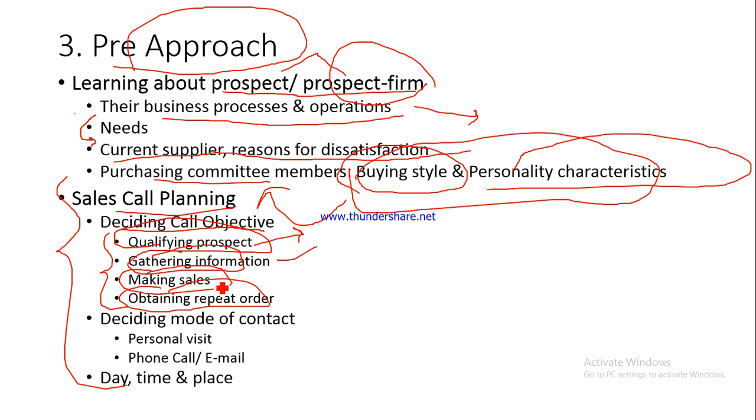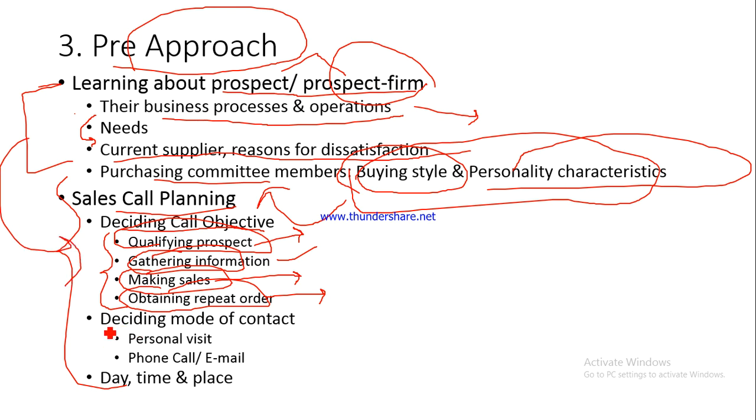Or you may also decide to focus on selling the product to this particular prospect, converting this prospect into a customer in the very first visit. Or you might be focusing on getting a repeat order from him, right? So these are the different kinds of objectives that you'll have, and then you decide which particular objective you are going to focus on depending on the information that you have obtained here.